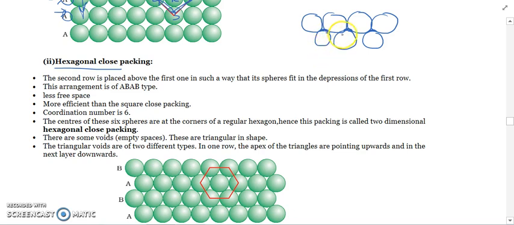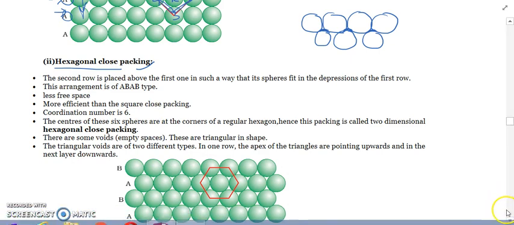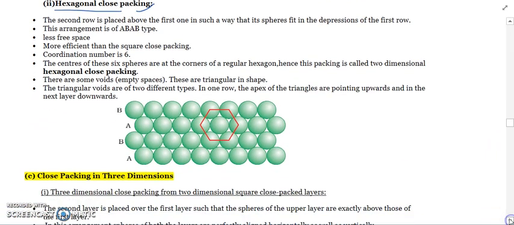When we arrange the spheres along the dip or depression, then we get hexagonal close packing. Now this type of arrangement is AB type. Why? Because this is row A and this is row B. These A and B rows are not identical, they are different. Therefore, this is called AB type.